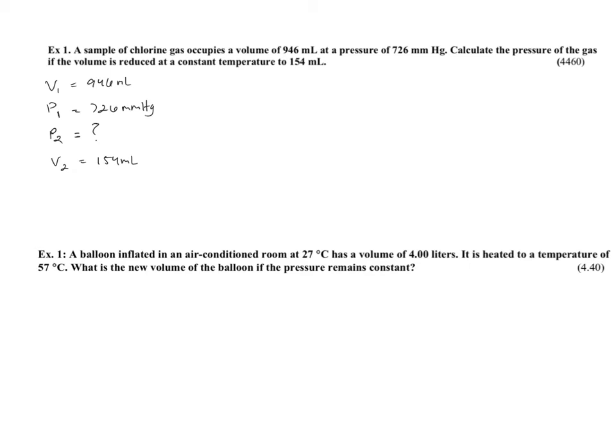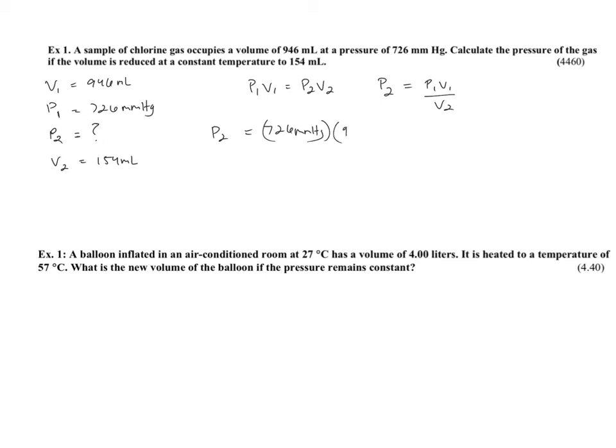But since we have volumes and pressures, we know we're going to be using Boyle's law, which is P1V1 equals P2V2. If I rearrange this, we're solving for P2, that's going to be P1V1 over V2. So now we just fill in. There's no temperature to convert here, so we just fill it all in. P1, 726 millimeters of mercury.